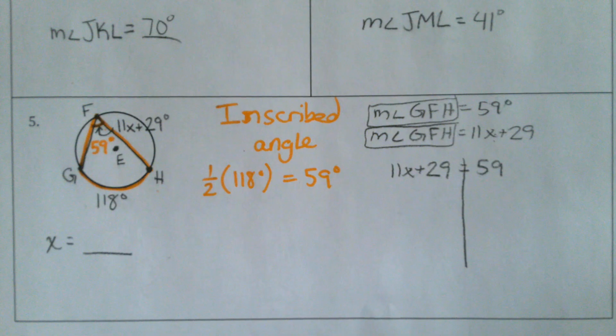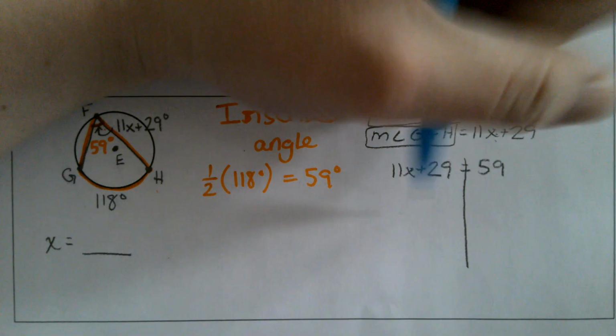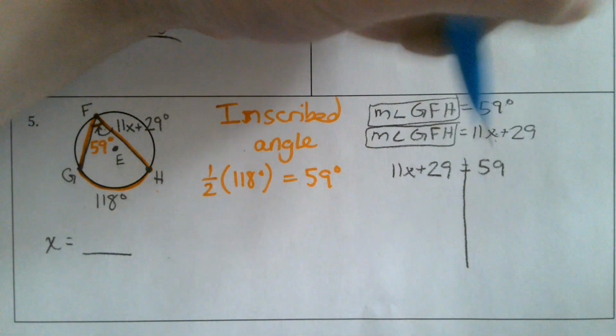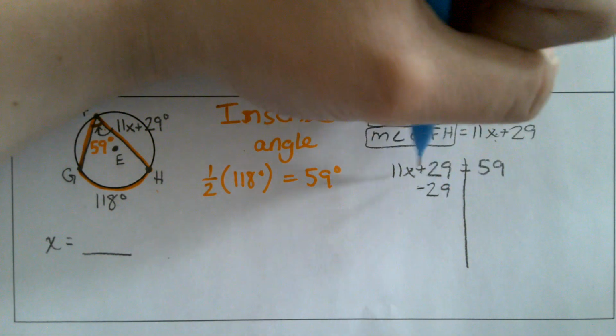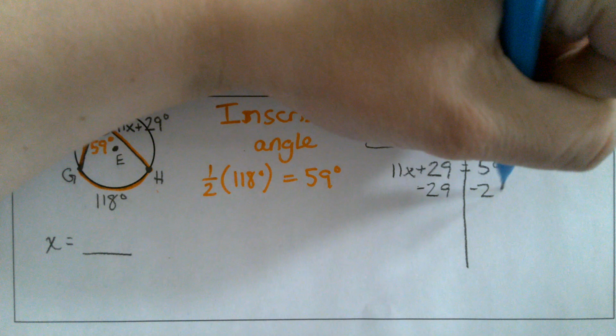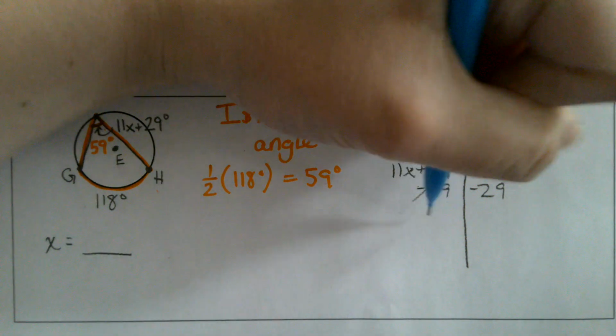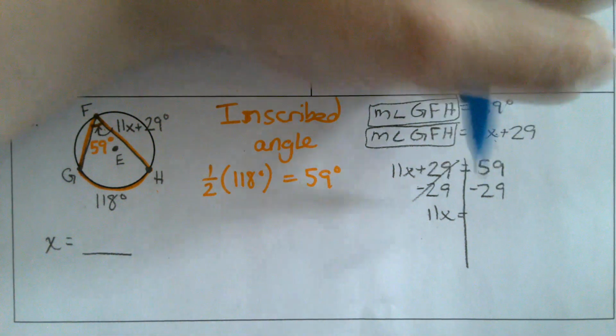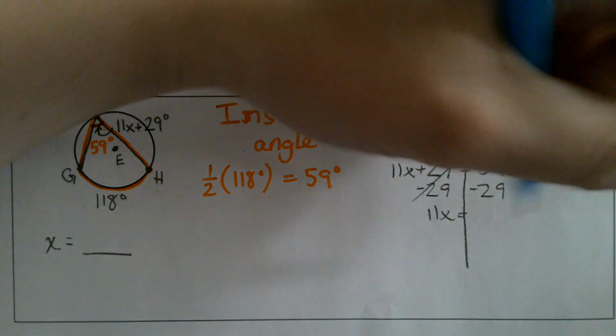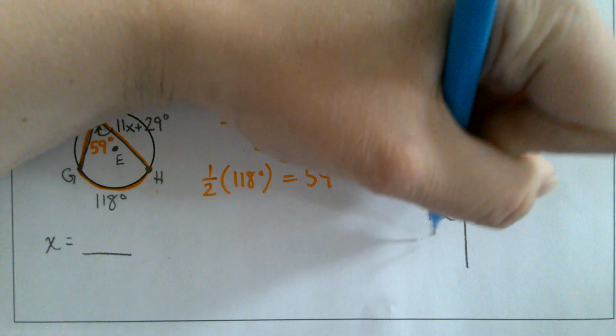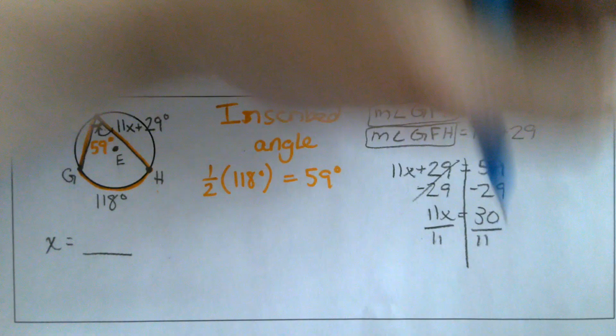From here, we solve our equation like we're used to doing. So we need to solve for x. So first we need to move the 29. I'll do that by subtraction since this is addition here. This cancels, leaving just 11x equals 59 minus 29 is 30. Lastly, we need to divide off the 11 on both sides.